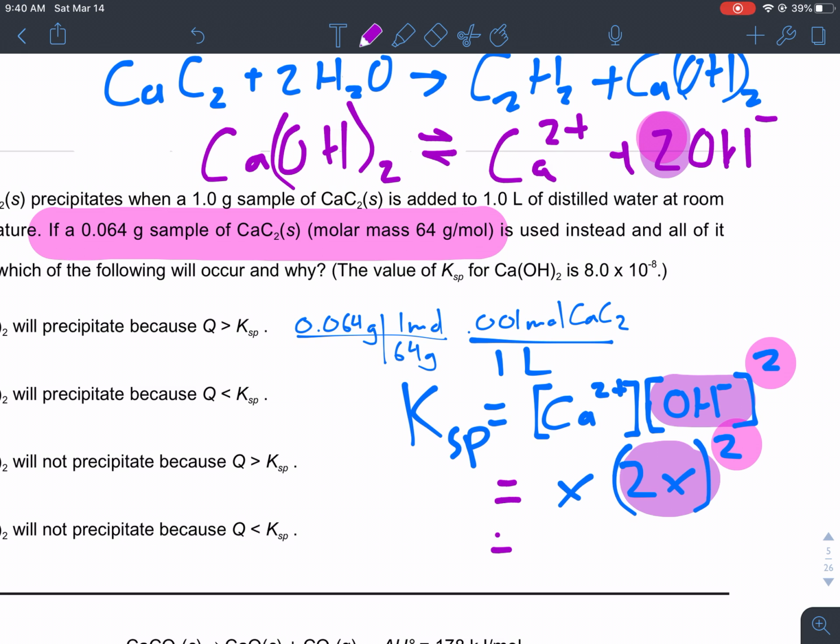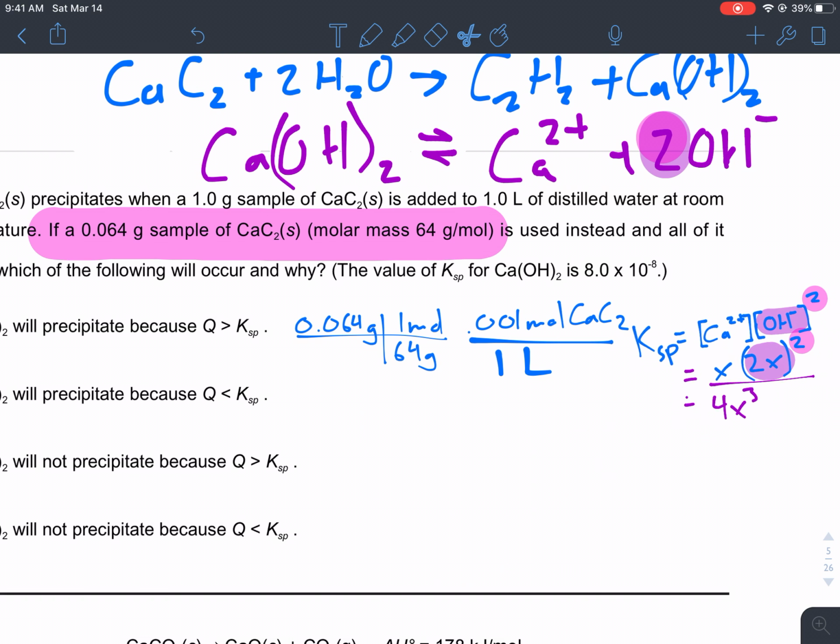When you do enough Ksp problems, this will become common, and you'll see that this right here is going to become 4x cubed. Okay, that's what your Ksp is. That might look new to you, but if you do enough Ksp problems, you'll see the 4x cubed scenario very often.